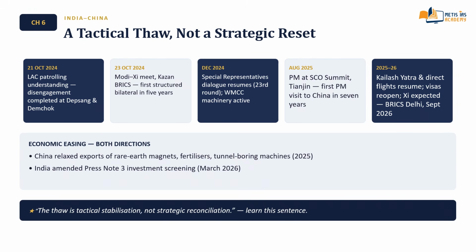So effective river cooperation contributes to agriculture, livelihoods, flood management, ecological sustainability, and regional trust also. Whenever UPSC asks a question on India-Bangladesh, always remember to include water diplomacy along with connectivity, security cooperation, and economic integration. That immediately makes your answer multidimensional.